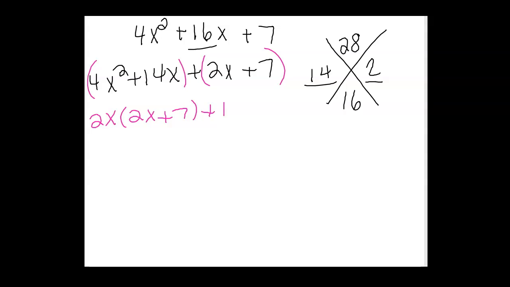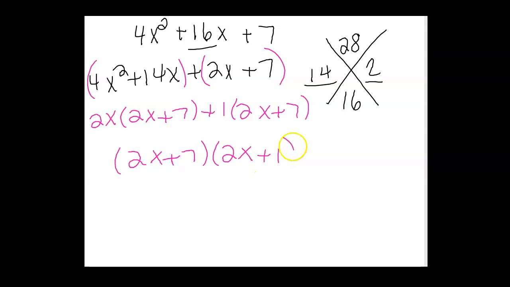So if there's no numerical or variable aspect, it's a 1. So when we get our 2 factored terms, it's 2x plus 7, 2x plus 1. The reason for that is that 1 is kind of like the placeholder. If I were to take this GCF out, there has to be something there to multiply back in.